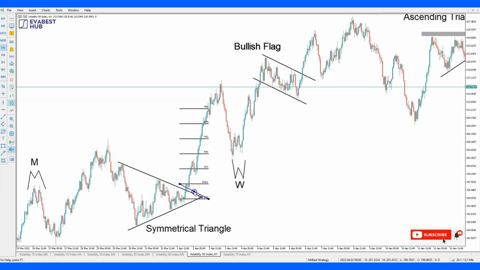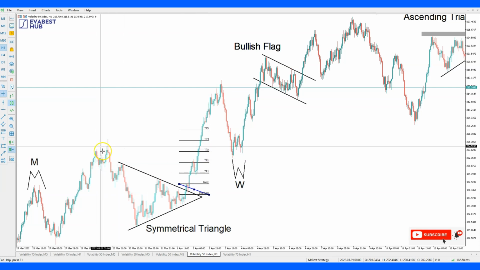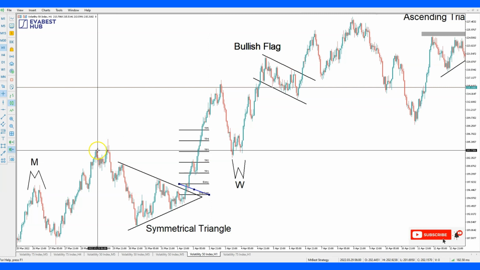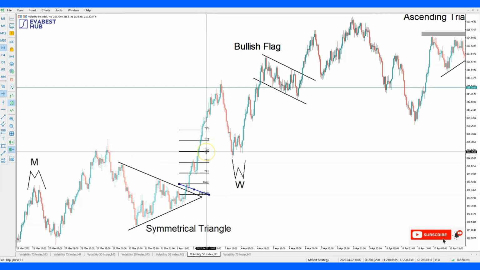Your entry will be at the close of that bullish candlestick, then stop loss below this wick. And for me, I'll just target my TP3. You can see my TP3 also resonates with my levels here, my structure. So this is serving like either a supply zone or a resistance line. So it will make more sense for me to take my profit here.